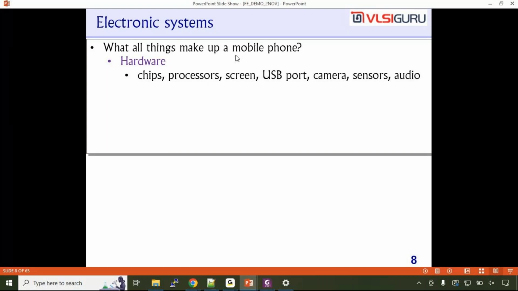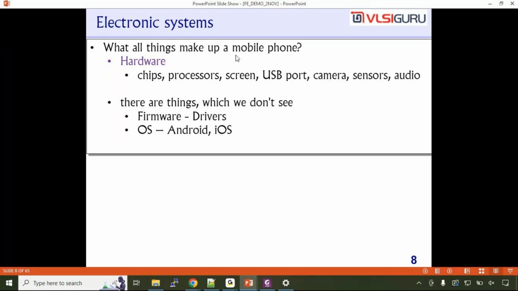Then there are things we don't see: the operating system like Android or iOS, the firmware, which we call drivers, and then applications.